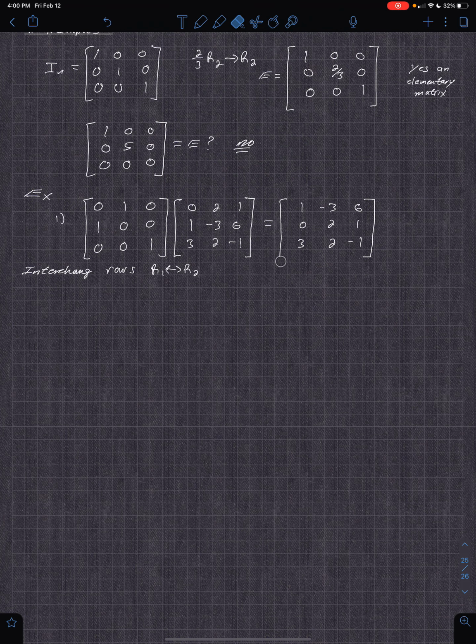Okay, and it works. So I interchange the rows in the identity matrix, and when you do the product, that's what it does for the other matrix. Something you may try is putting this over here and seeing if it changes the same thing or not.